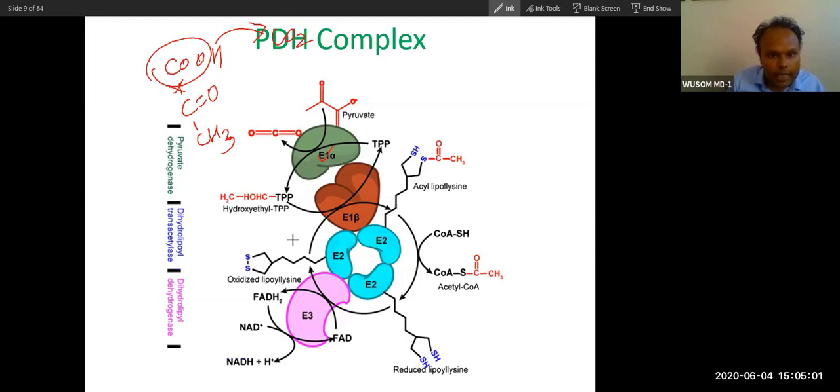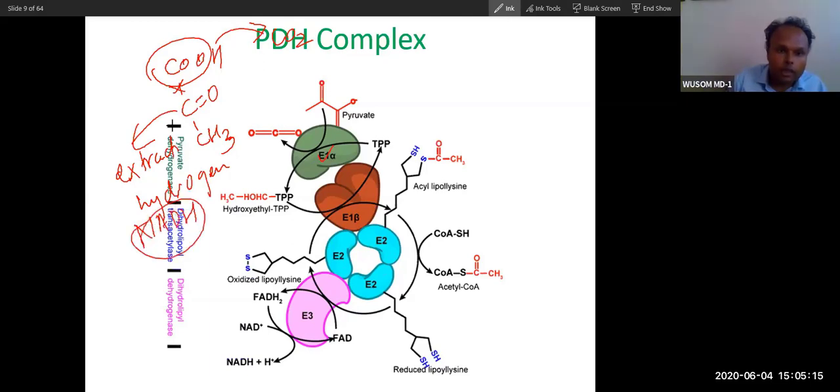The function of E3 is to extract hydrogen in the form of NADH. This is the function of E3. This is the function of E1.